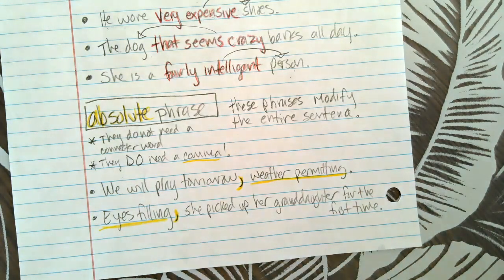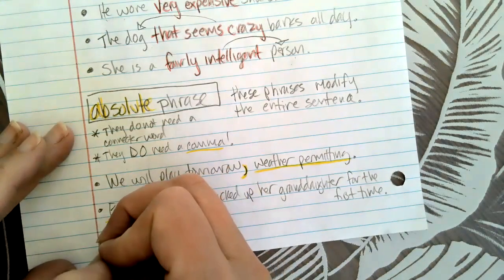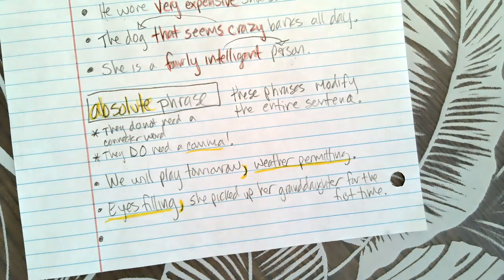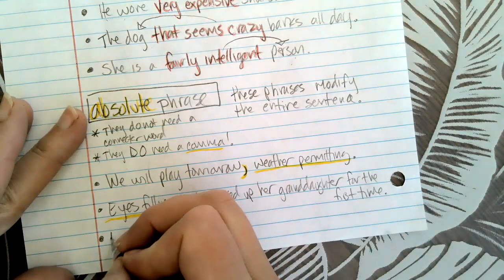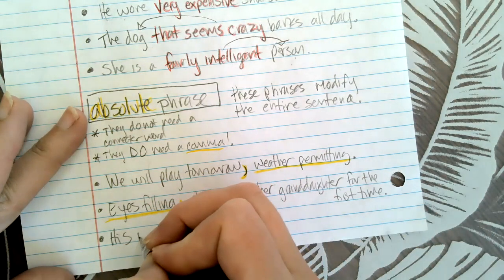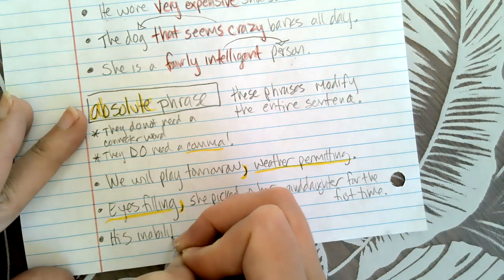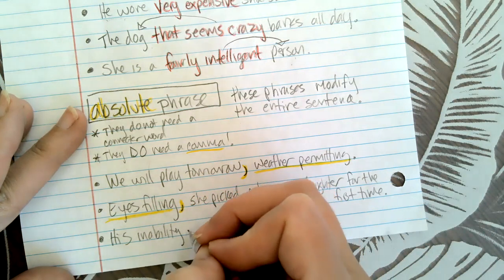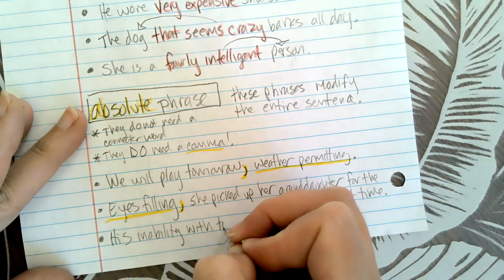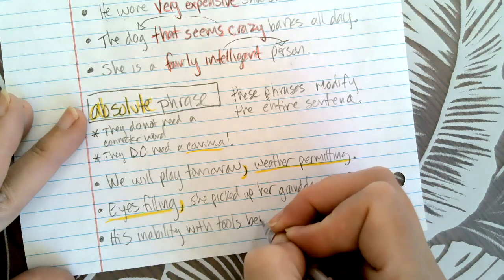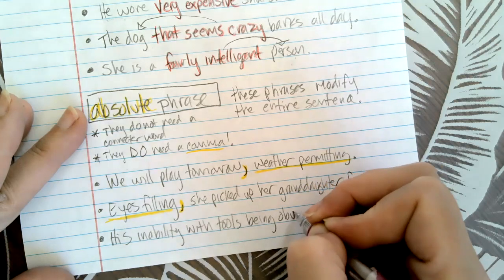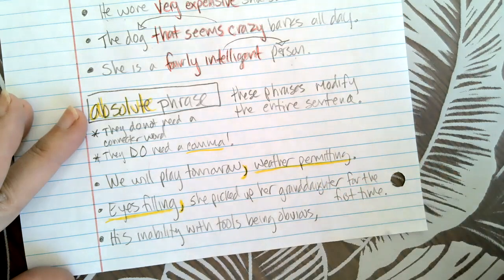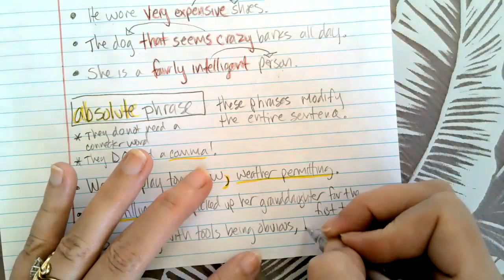Okay, let's see if I have another example I want to use. Okay, one more example. His inability with tools being obvious, comma, he called for help immediately.